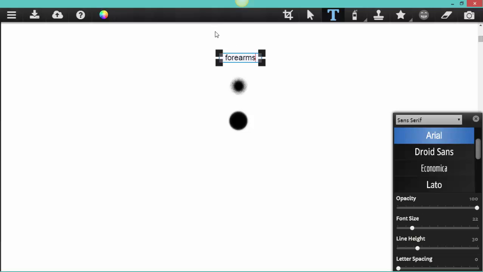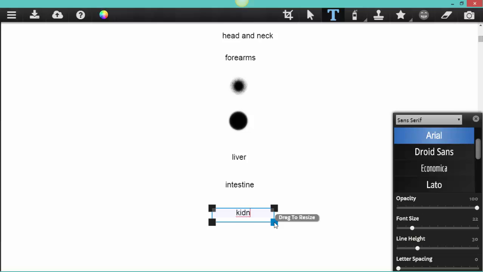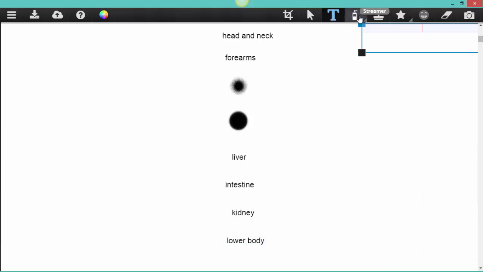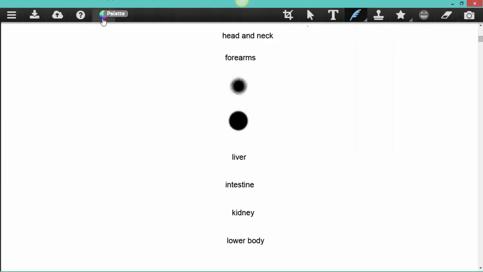Forearms, head and neck. Spine, kidney, and the lower body. So these are the parts of the body that are going to be connected to the heart for circulation. These are just the basic ones that you need to know.